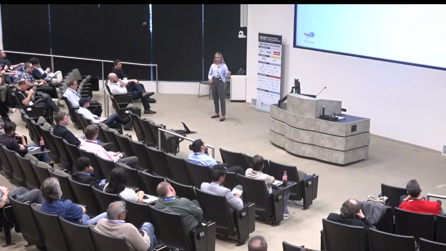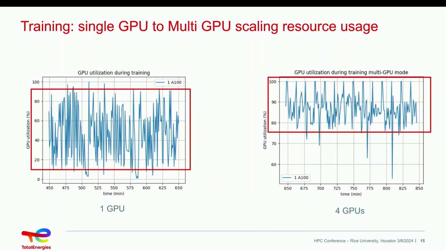Then I wanted to check a little bit the resource usage for 1 GPU and 4 GPUs. I was looking at the GPU utilization, and I figured out something pretty interesting: with 1 GPU, there were some drops in GPU utilization. You see sometimes it gets lower than 20%, whereas in the 4-GPU mode, it was always more than 80%.